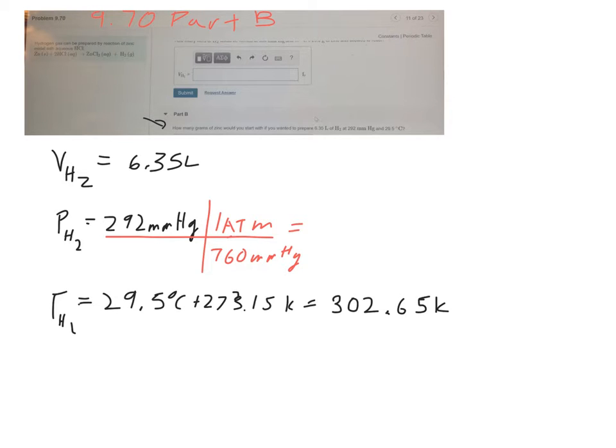So we've got 292 divided by 760, which gives us a pressure of 0.3842 atm.